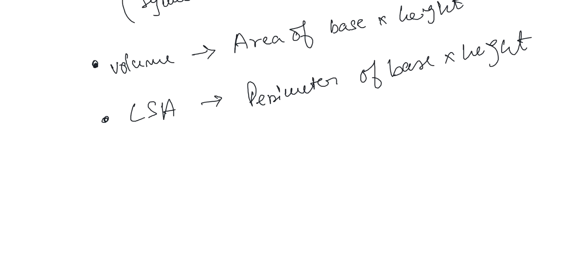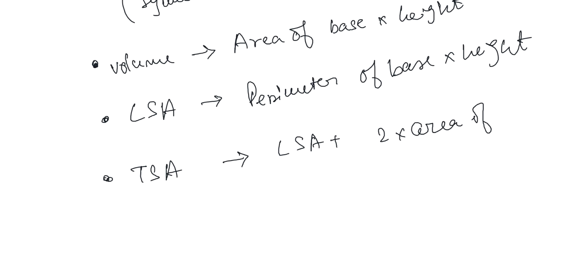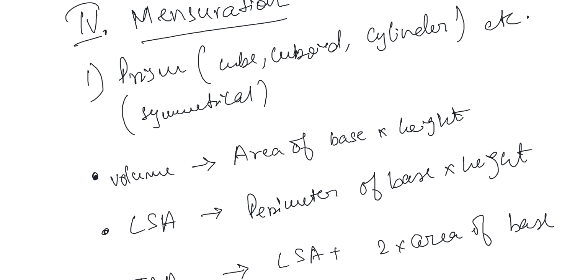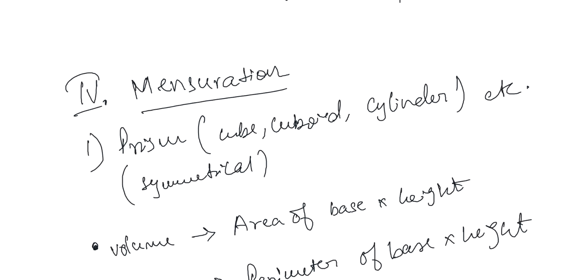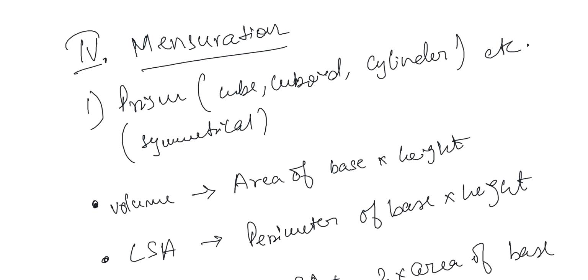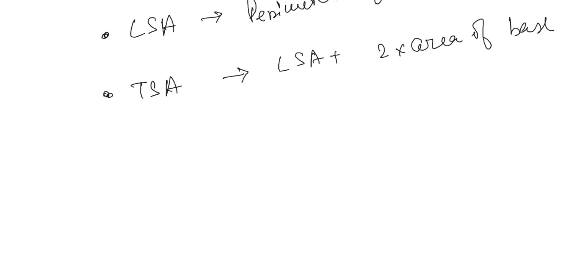And then we have the total surface area, which is lateral surface area plus 2 into area of base. Okay, any figure basically which is symmetrical. So now let's come to pyramids.